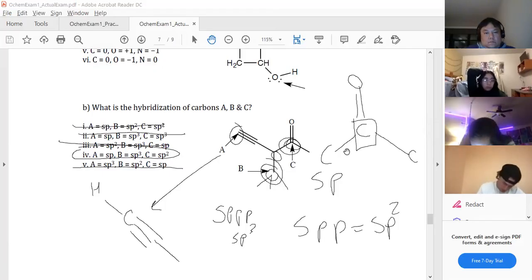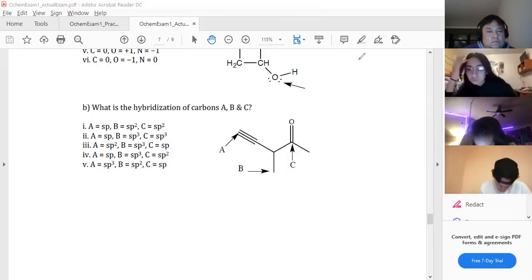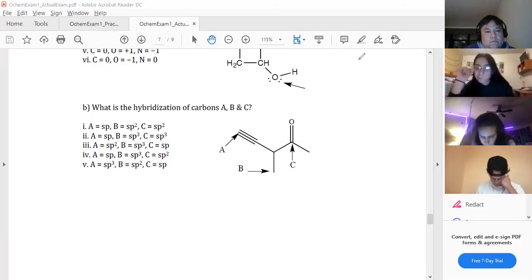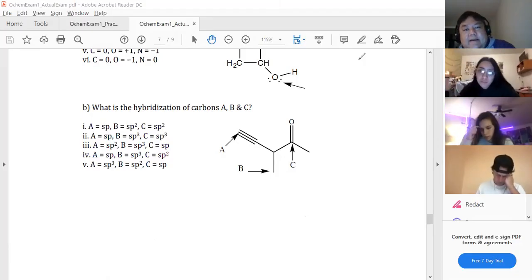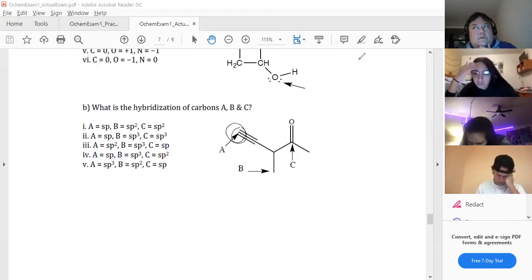I have a question. I thought that when you have 4 bonds, it would be sp3 for some reason. Like methane, the carbon and the 4 hydrogens.